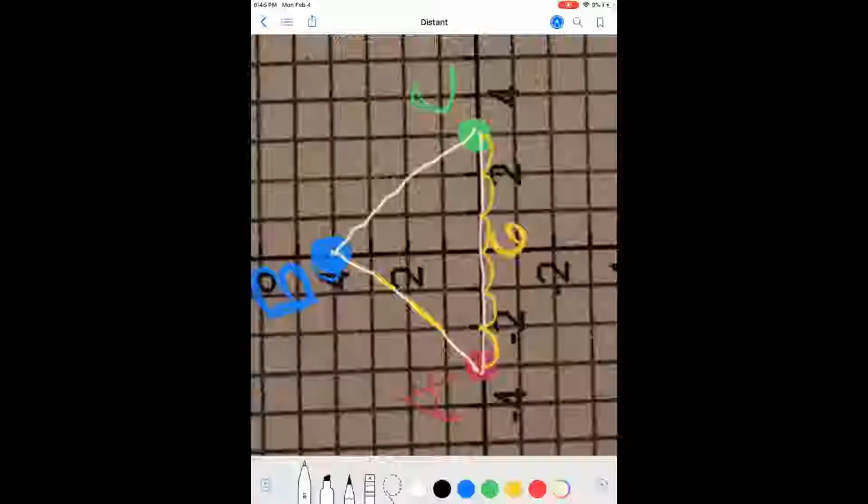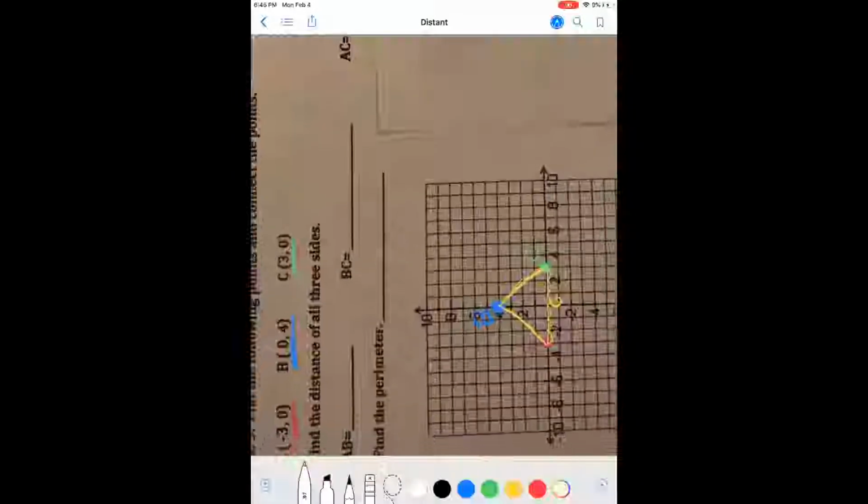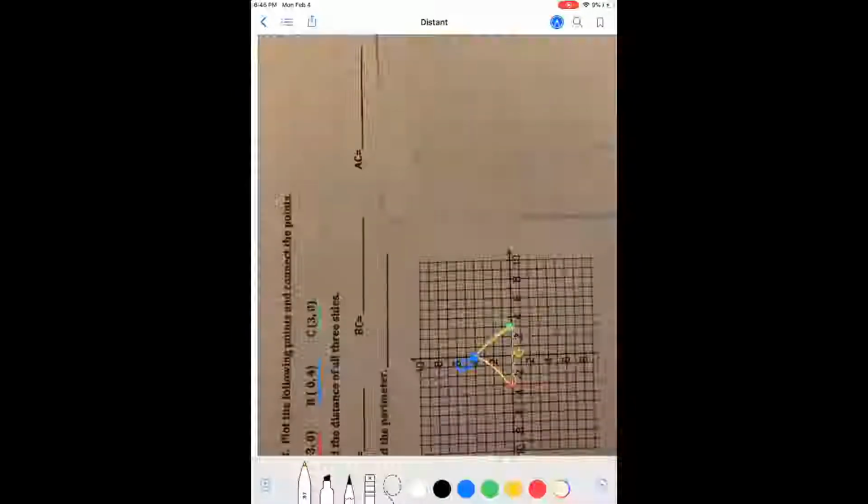So we have to use the distance formula for A to B and B to C, just because it's diagonal from each other. If it is straight across like A to C, you can just count it. So we can come up here and go ahead and answer A to C is 6.